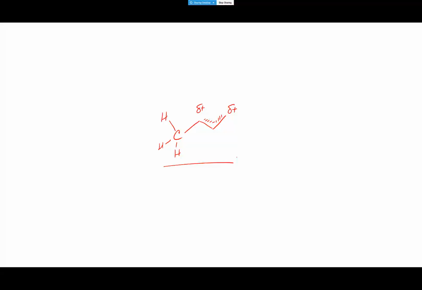We're going to have to remember when we went back on day 1 to the triangular intermediate of either the bromonium ion or the epoxide ion, and which carbon had the greatest delta positive charge. If you remember, we had a partial bond to this carbon, partial bond to that carbon.